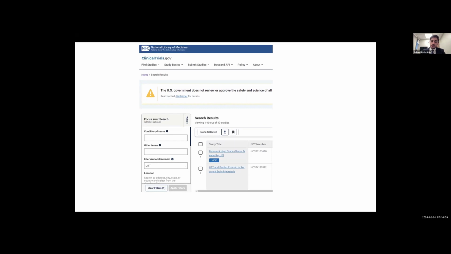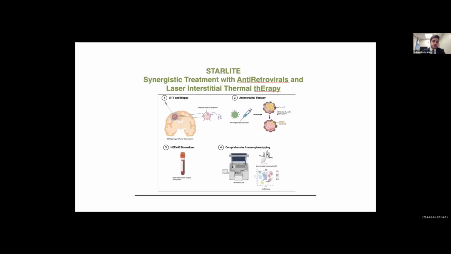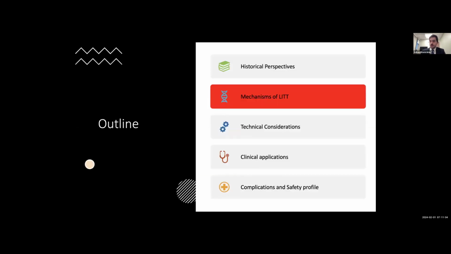We're going to go over the indications and everything in particular as I move forward, but this is just the general view. One of those upcoming trials is going to be run here by Dr. Shawnee's team, known as the Starlight, where they're also going to be using LIT and introducing antiretrovirals and studying that as well.